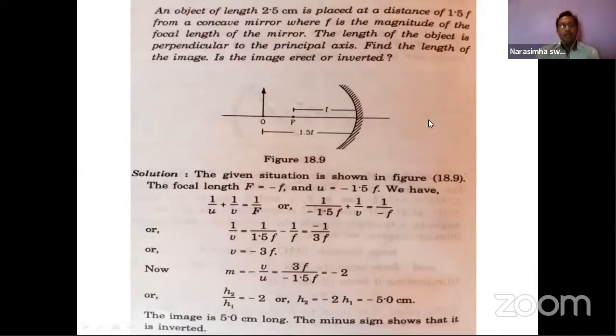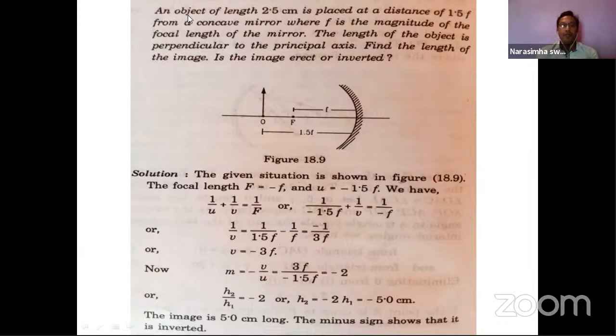And coming to another problem, an object of length 2.5 centimeters is placed at a distance of 1.5 f. What is this f? We'll see.